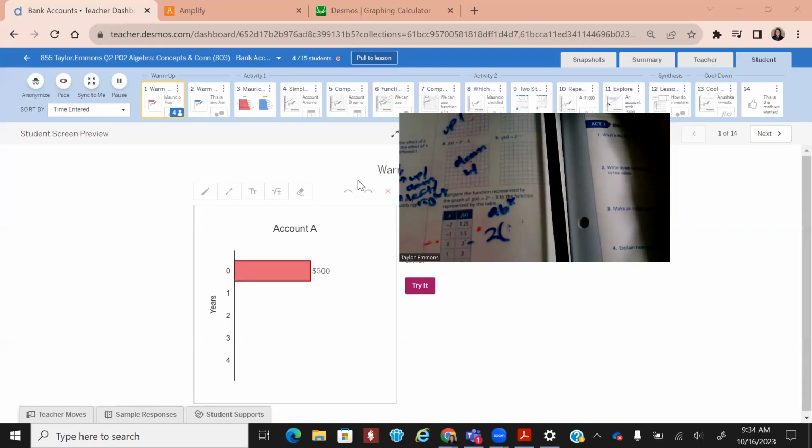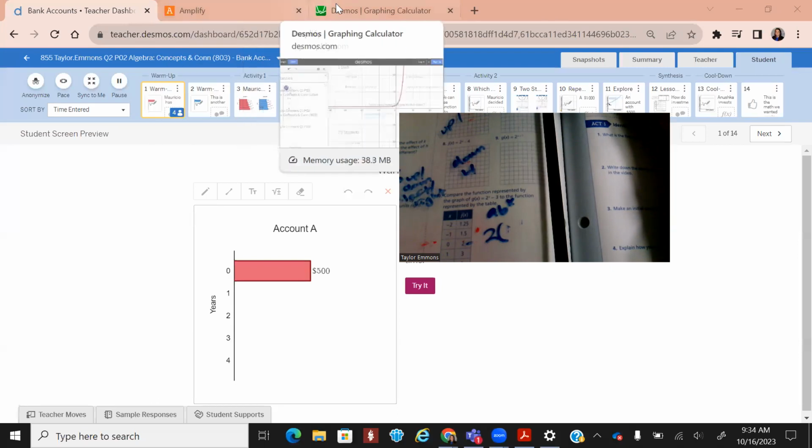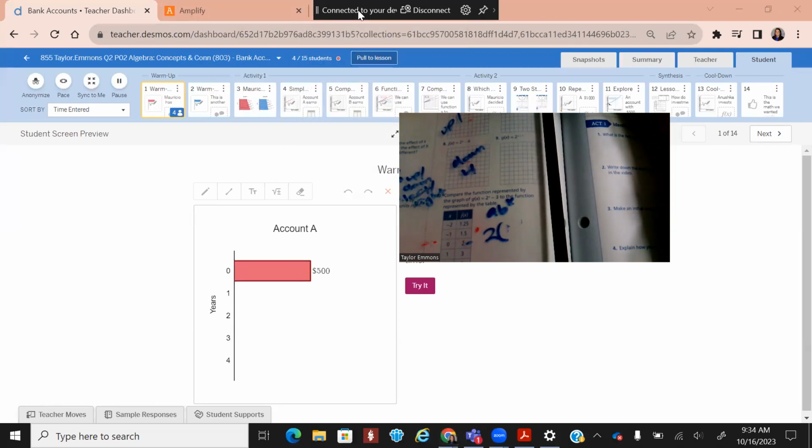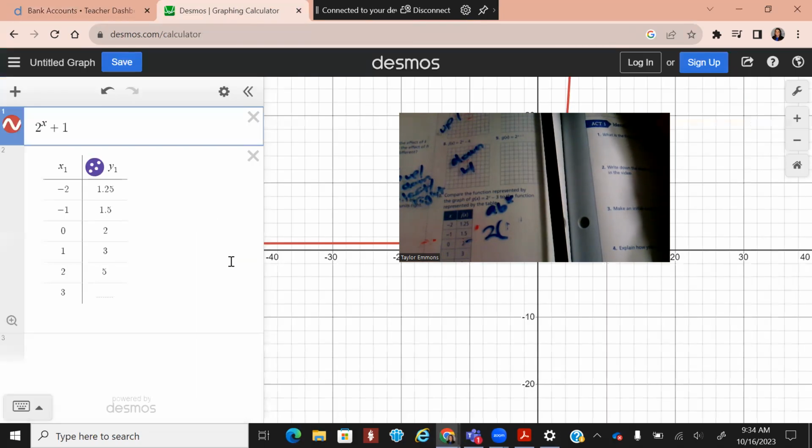What if we graph this one? What if we graphed it? So let's take this and let's plug it into Desmos. Let's go here. And let's go into Desmos and let's graph it. And look at what I get.